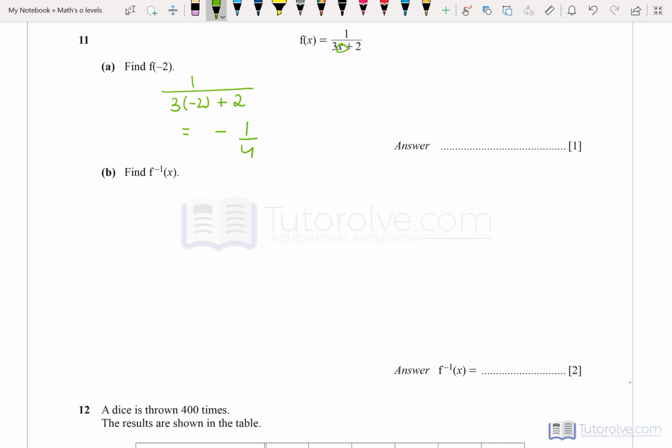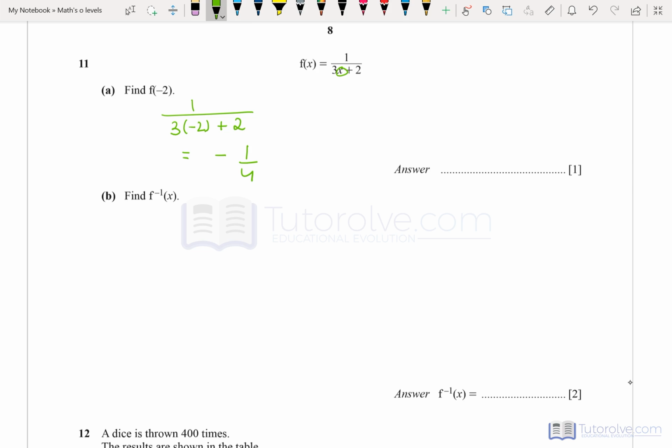Now you have to find the inverse of this function. So basically, first off, you need to write this down, that f of x is equal to y. So basically, which means this function right here is now equal to y, and now you have to make x a subject. So 3x plus 2 is equal to 1 over y. We take the 2 on the other side.